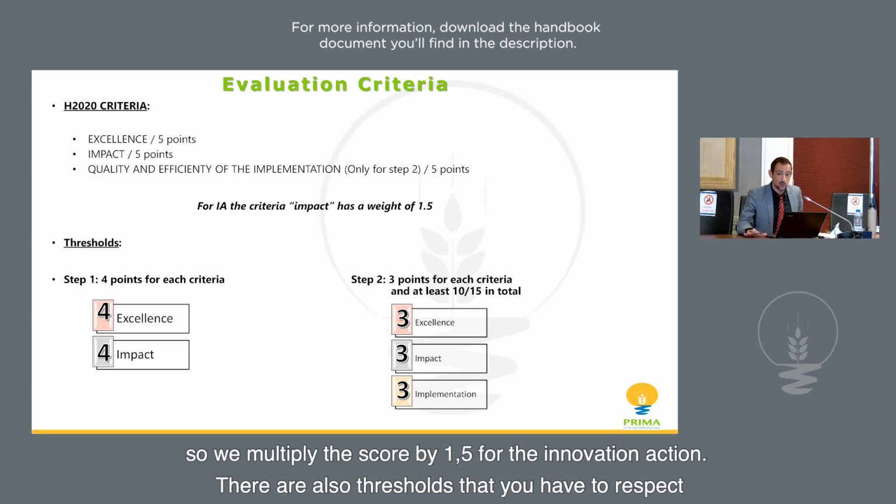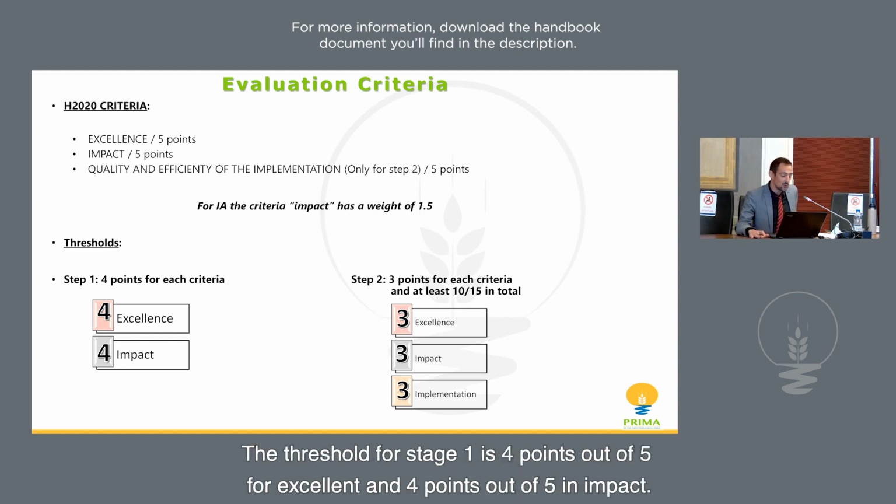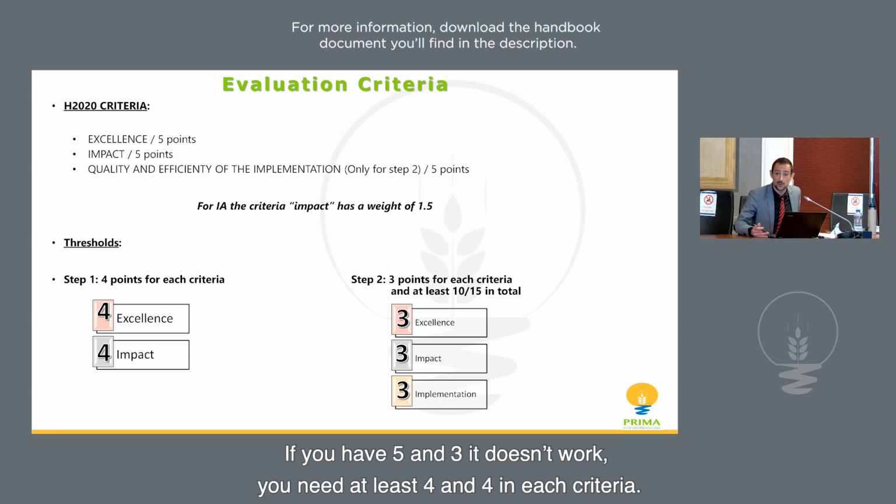There are also thresholds that you have to reach to be invited to the next step or to be invited for funding. The threshold for stage 1 is 4 points out of 5 in excellence and 4 points out of 5 in impact. If you have 5 and 3, it doesn't work.